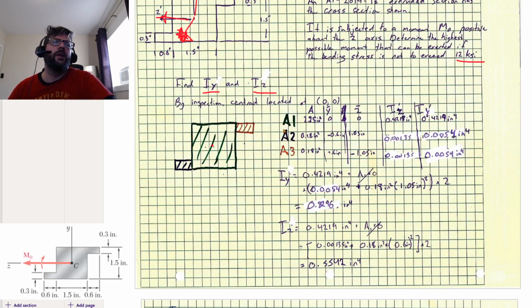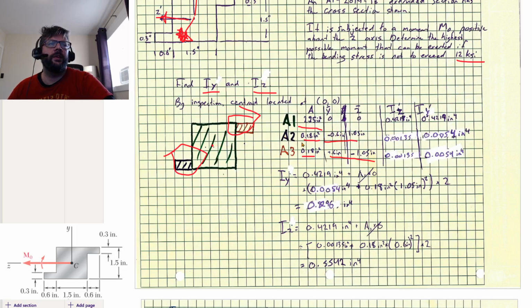But anyways, it's relatively straightforward to figure out the IY and IZ for this cross section in this coordinate system. We broke it up into 3 sections here: the green section in the middle, and A2, A3. I've got these areas and these centroids.